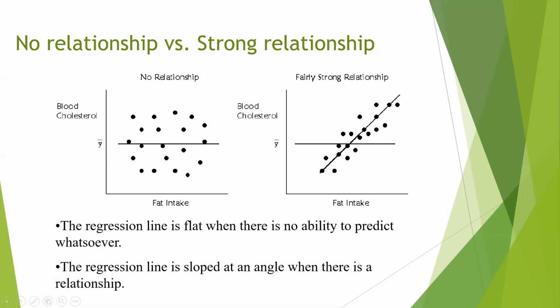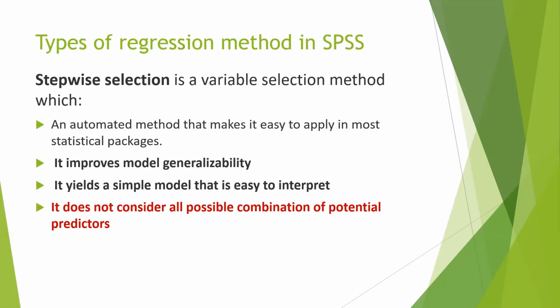Now the types of regression method in SPSS, which is where we are going to start the SPSS session. Before going to the hands-on, I want to highlight some of the methods. We have decided the dependent variable and the independent variables, and we have a lot of independent variables.